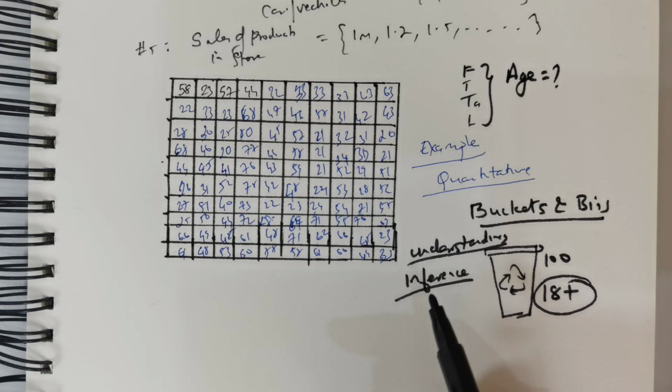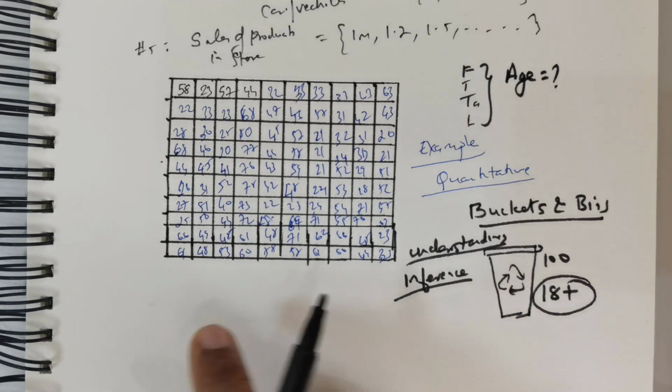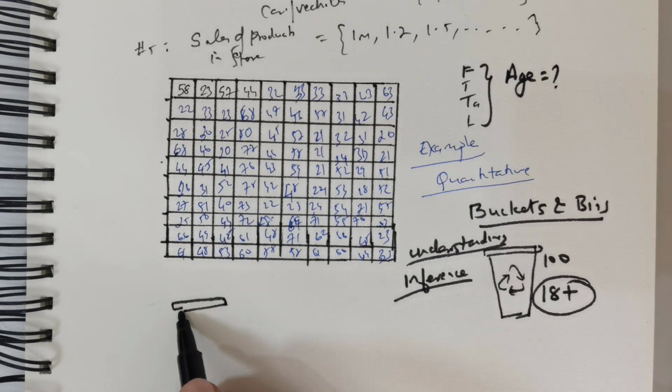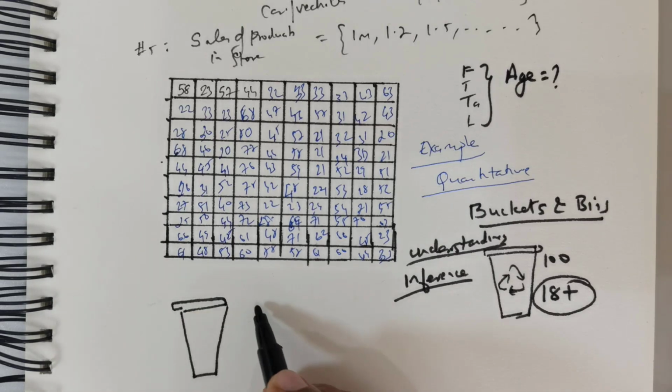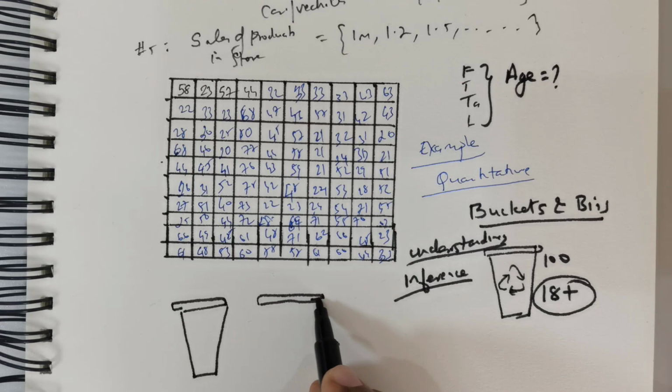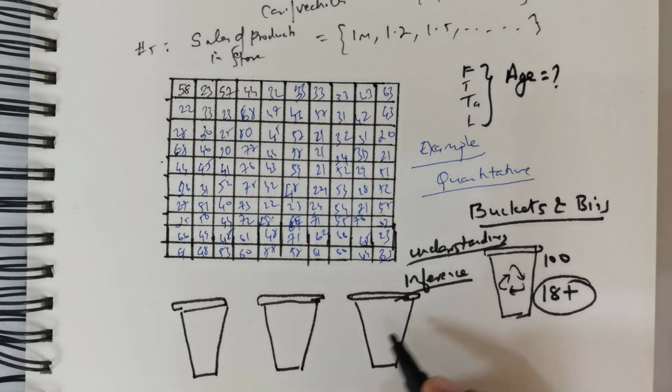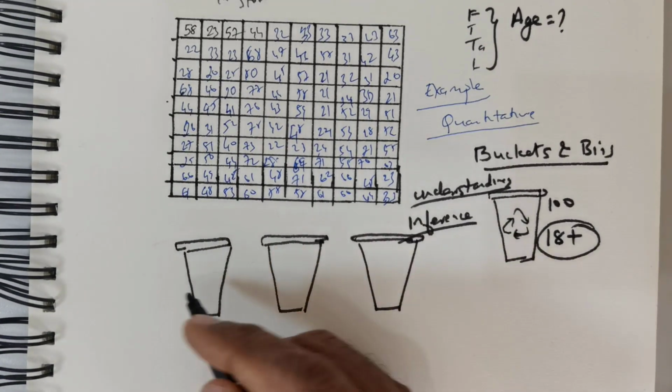So having mentioned this, I'm going to divide this data into 3 further buckets, right? Let me see if I can get any further understanding from this. What is the division that I'm going to do?